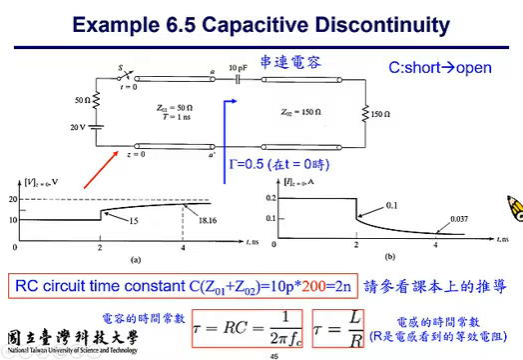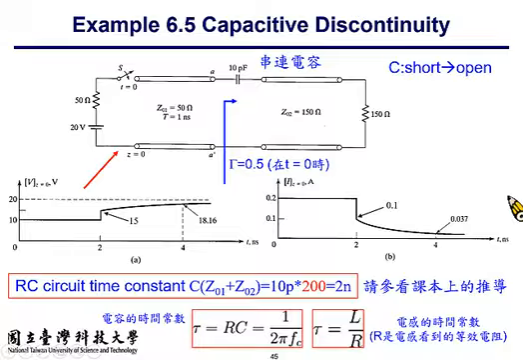One to the left, one to the right, and they can be considered as a series connection because the capacitor itself is connected in series in the discontinuity.